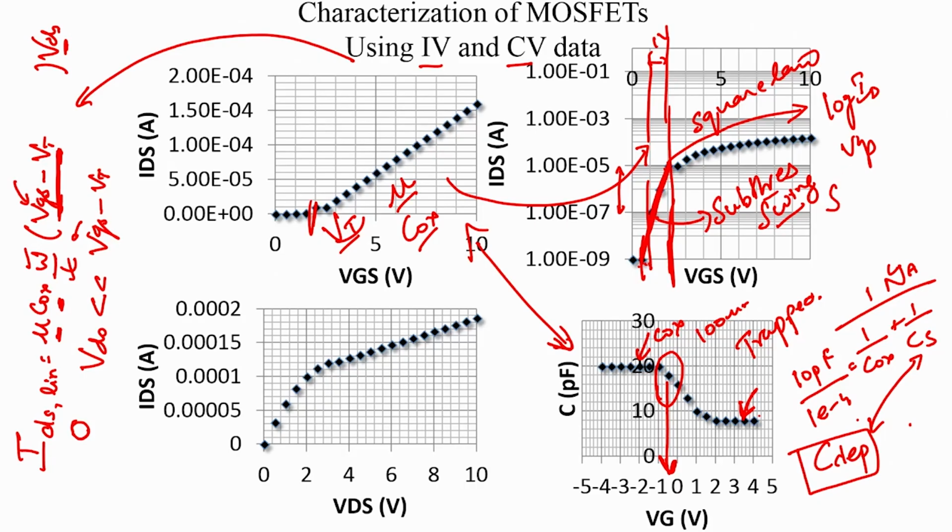And subthreshold swing is also related to 1 plus C depletion by Cox, and if there is no interface state capacitance, we can calculate C depletion here, and we can cross check with the C depletion extracted from this place.